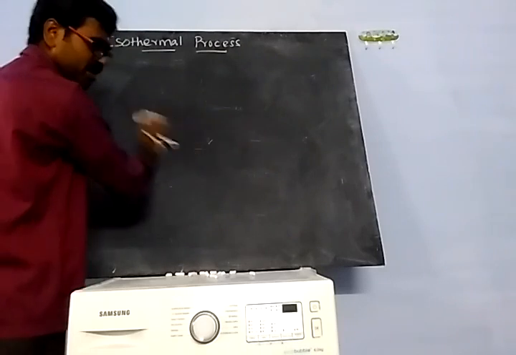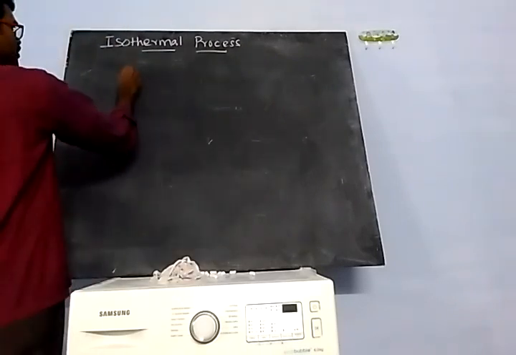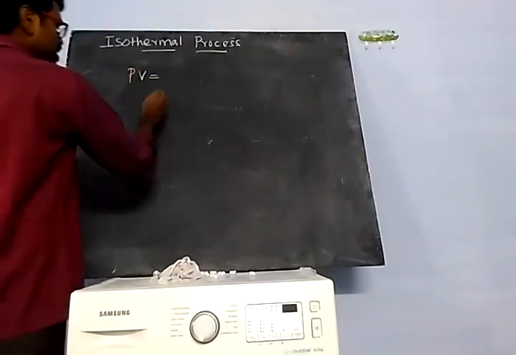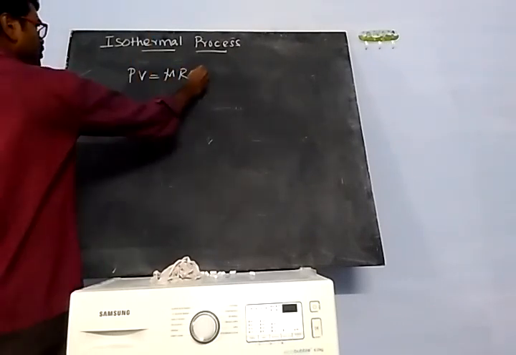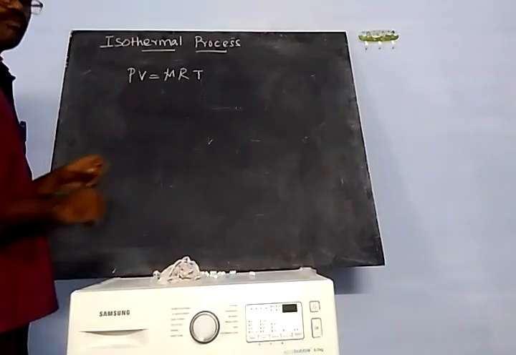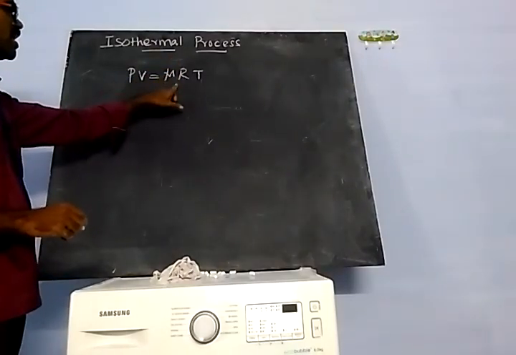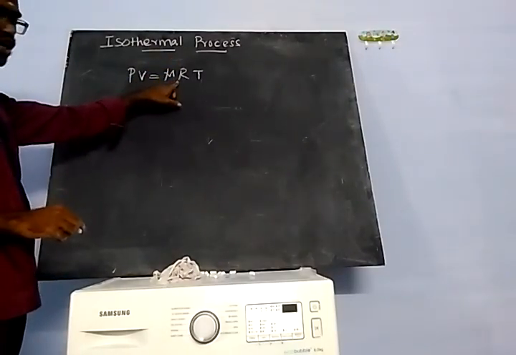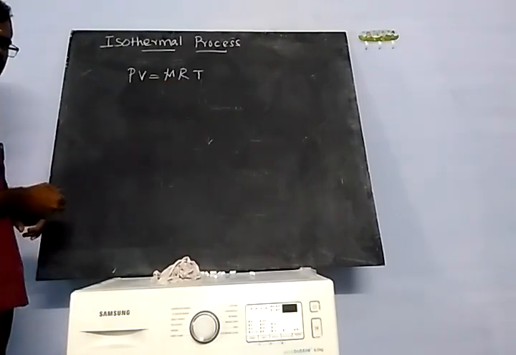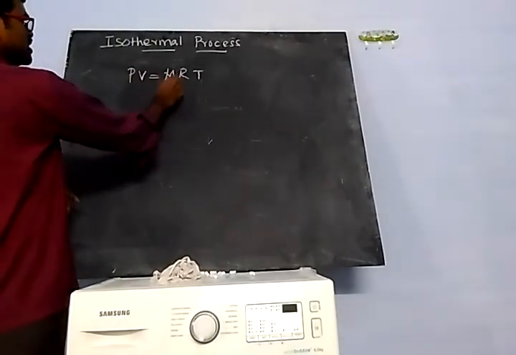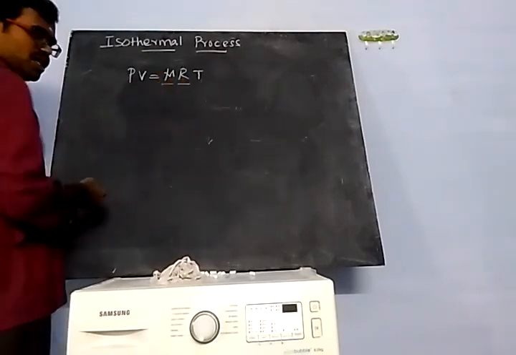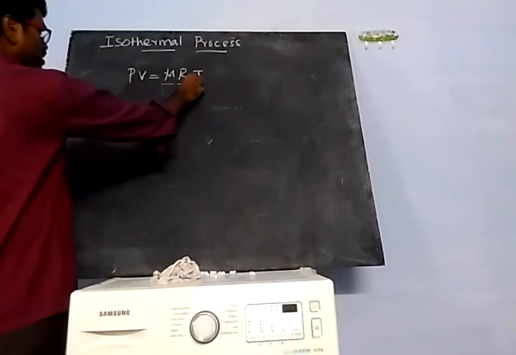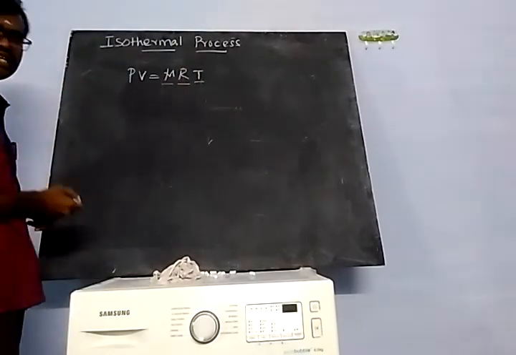Do you understand? So what is the ideal gas equation? PV is equal to mu RT, where mu is the number of moles, R is the ideal gas constant and T is the temperature. Mu is constant and R is also constant, and in an isothermal process T is also constant.